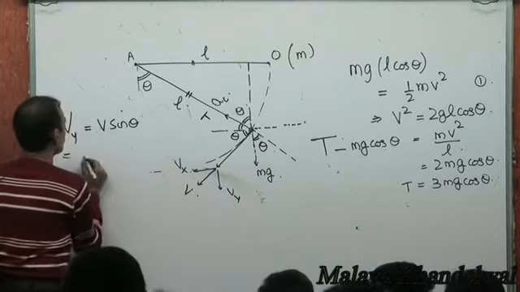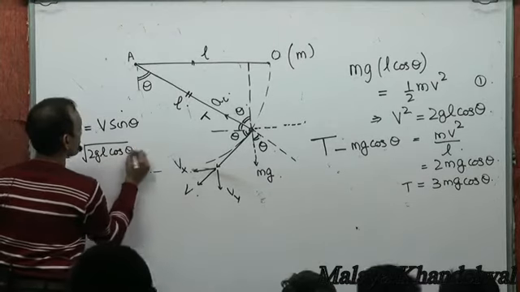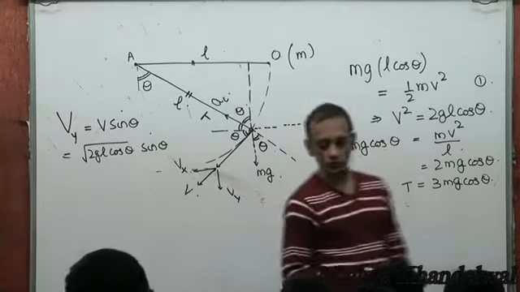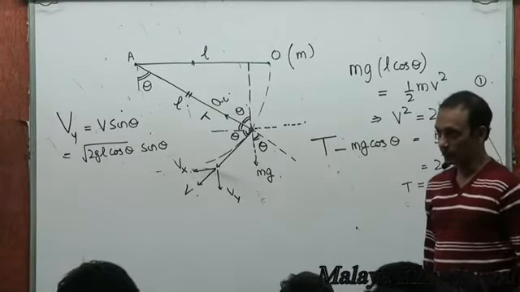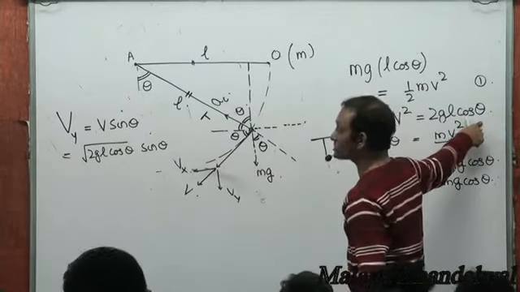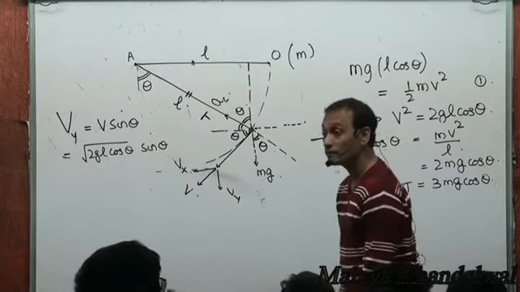V is root 2gL cos theta, into sine theta. So V is root 2gL cos theta sine theta, so now Vy is a function of theta.